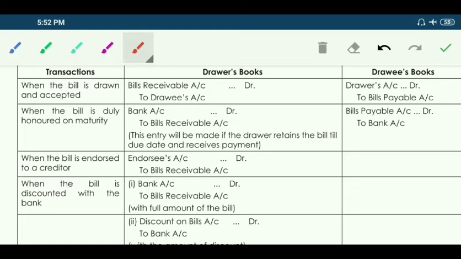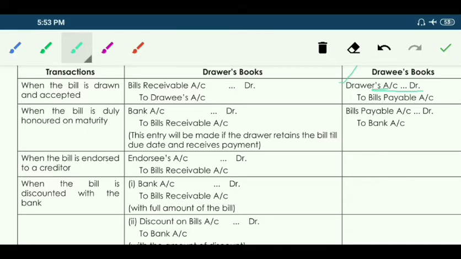In the same way, in the drawee's books, the drawer's account is debited. At the time of purchase of goods, what is the entry? Purchase account debtor to creditor account. Now we cancel the creditor account that was created in the books, so we debit the creditor account, the drawer.